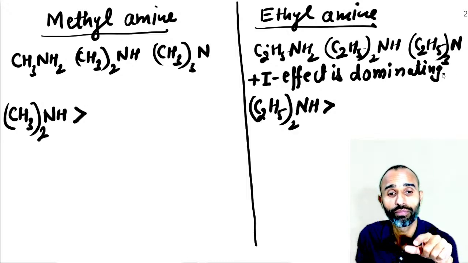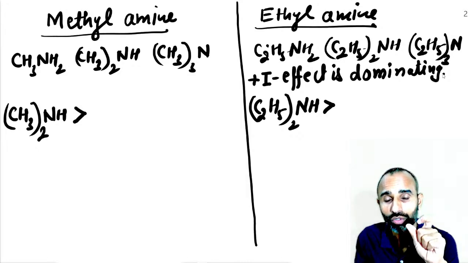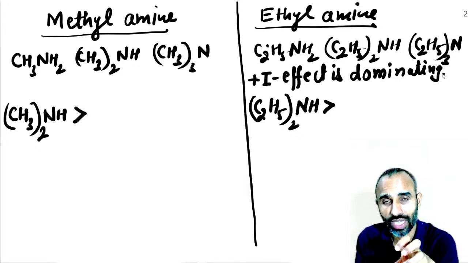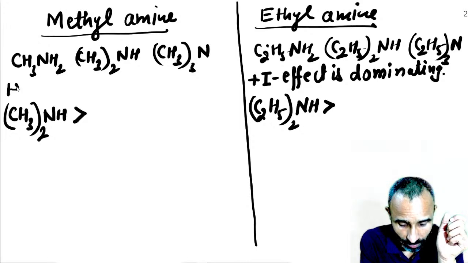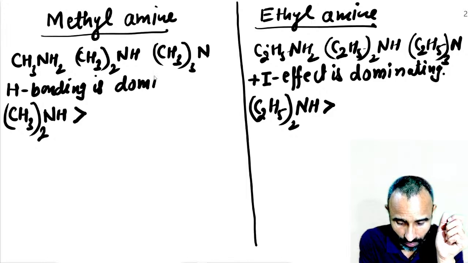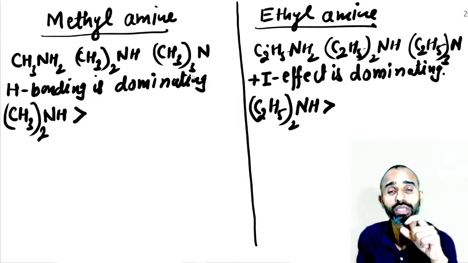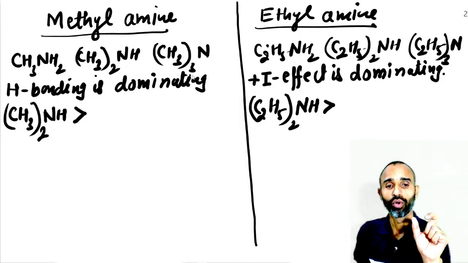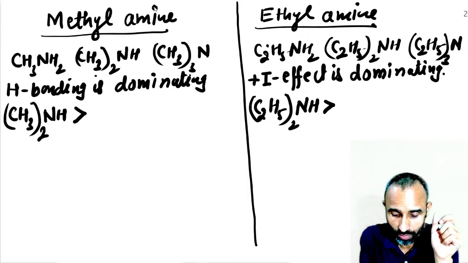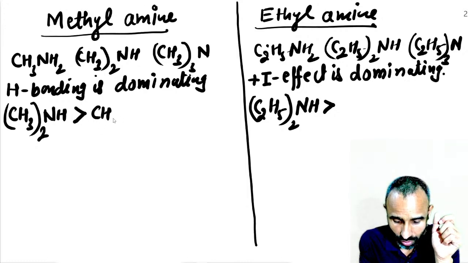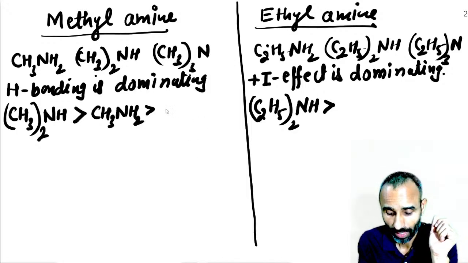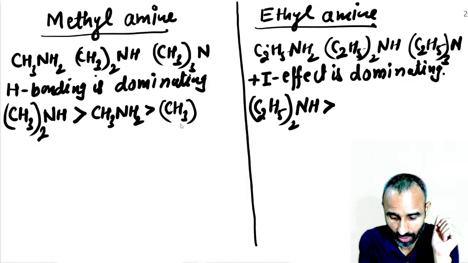And methylamine is smaller in size than ethyl, so in this case hydrogen bonding is dominating, because if hindrance is less, size is small, then hydrogen bonding is more. So in methylamines, hydrogen bonding will decide. So after secondary amine, we have primary methyl and then tertiary.